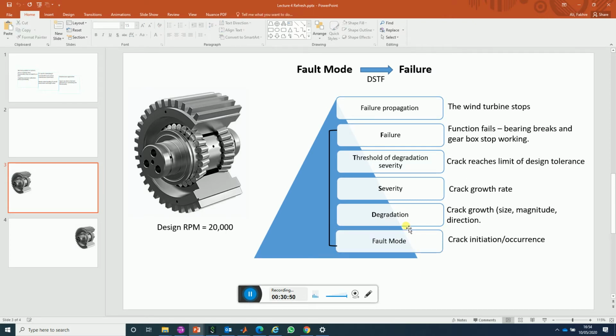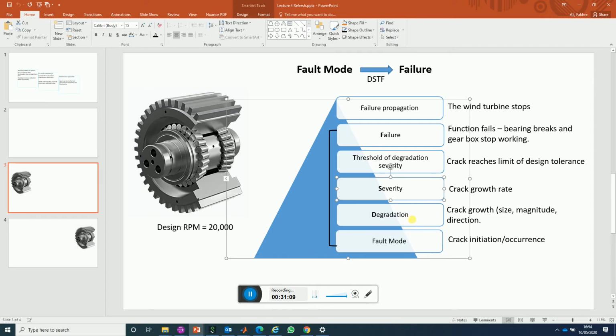So the fault mode is accumulation of foreign particles, and we call it fouling. This fouling degradation occurs when even 0.01 millimeter of solid layer starts to form, and this degradation is strongly related with severity. So over time, this layer will increase.